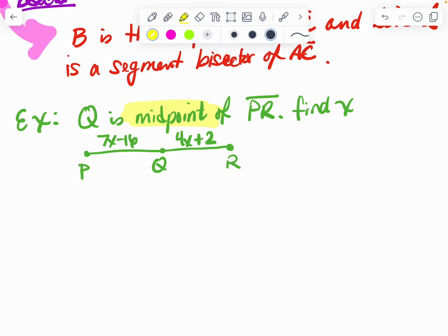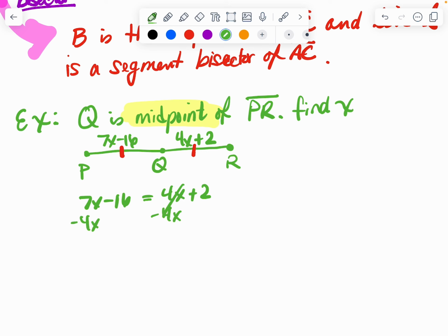So to do this, we say, all right, well, if it's the midpoint, then that means that this is congruent or equal to that. So then I can say, okay, 7x minus 16 has to equal 4x plus 2. Subtract 4x from both sides. 3x minus 16 equals 2.